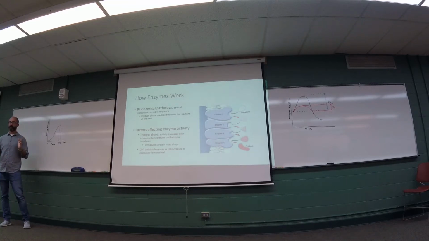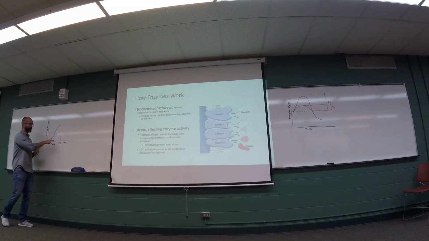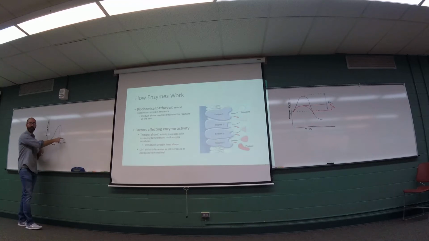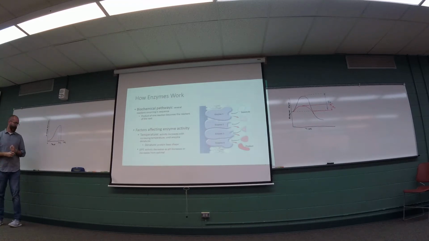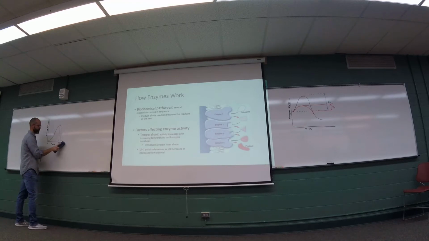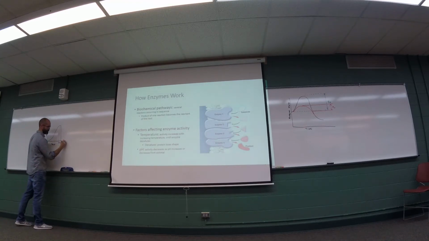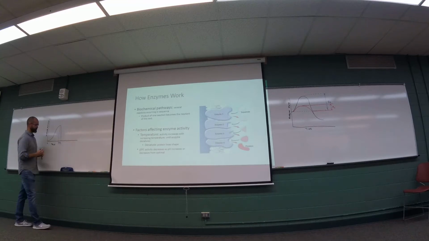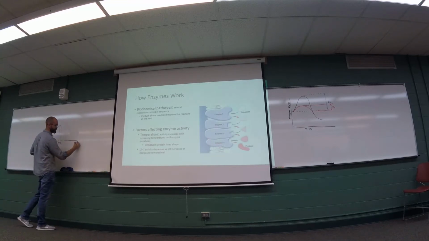But there are some organisms that have enzymes that are optimally active way down here to the right. I'm going to extend out this x-axis a little bit, so it's a little bit more symmetrical.